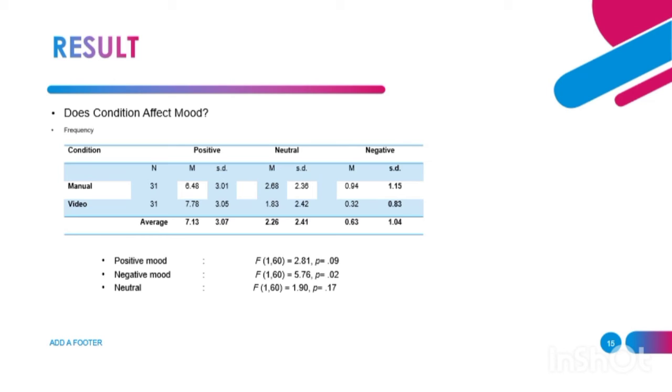Here, for the positive mood, the p-value is 0.09, the negative mood 0.02, and the neutral p-value 0.17, meaning that the participants have a negative mood when using video instruction. In the video instruction, the students can reduce negative mood in a very good way.